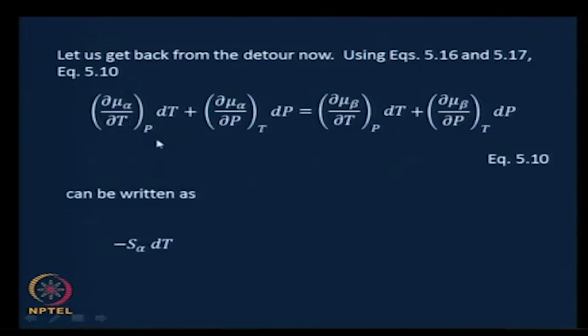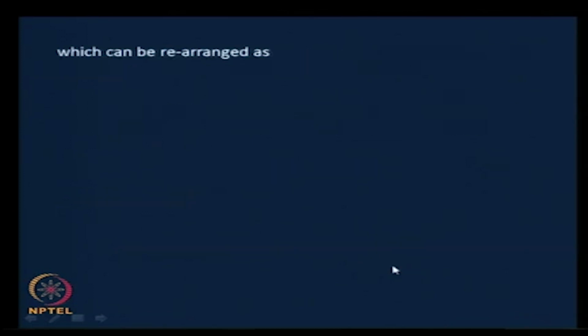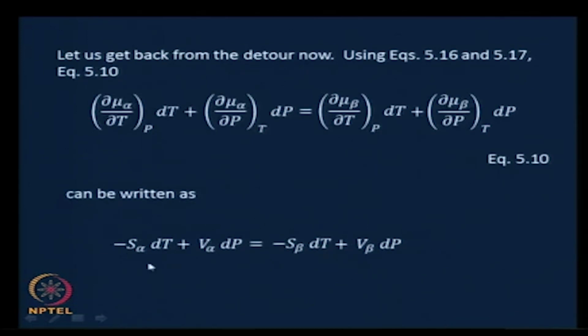Dou mu alpha by dou T at constant p was nothing but minus S alpha that we saw for 1 mole of a pure substance, therefore minus S alpha dT, plus dou mu alpha by dou p at constant T we found was V alpha, the molar volume in the alpha phase of the pure substance, dP, equals minus S beta dT plus V beta dP, and just taking dP by dT and writing it as the derivative.